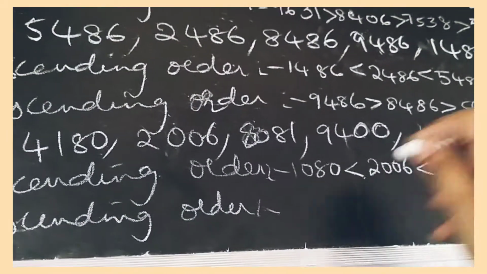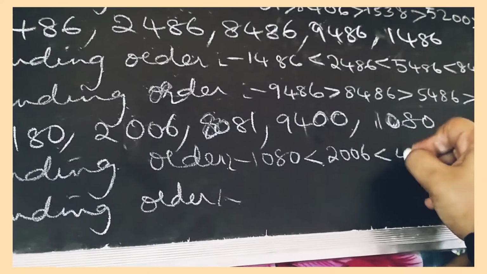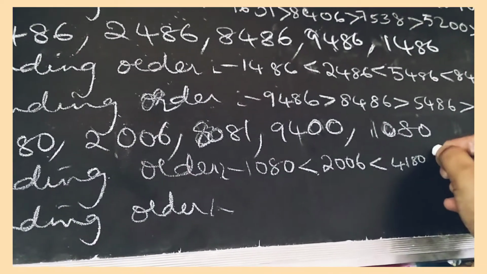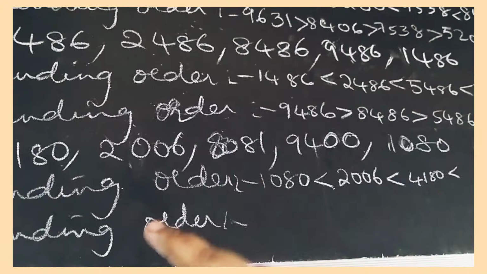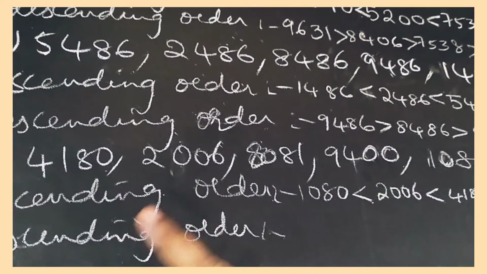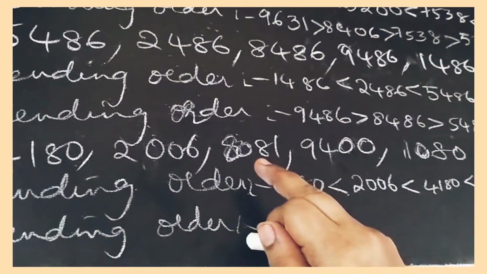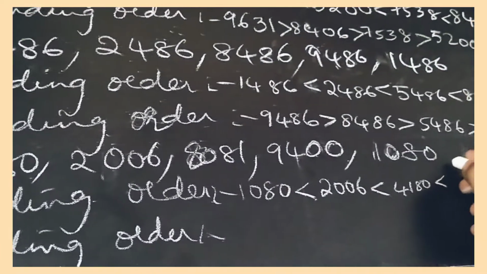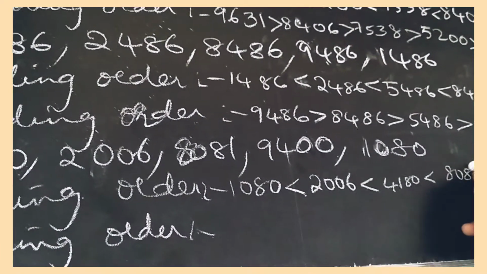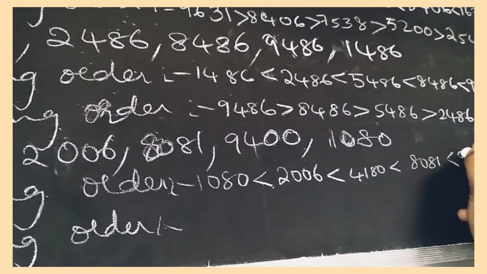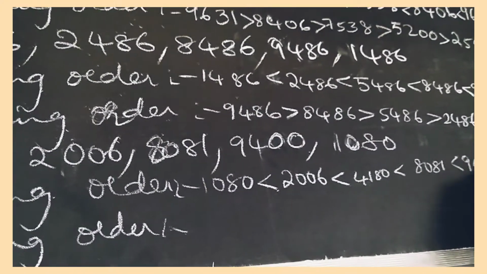Then 4000: 4180. After 4000, 8000, then 9000: 8081, then 9400.